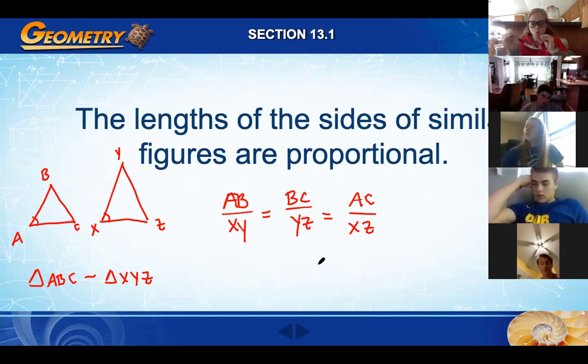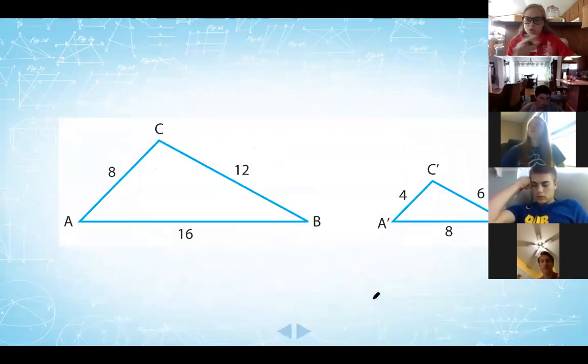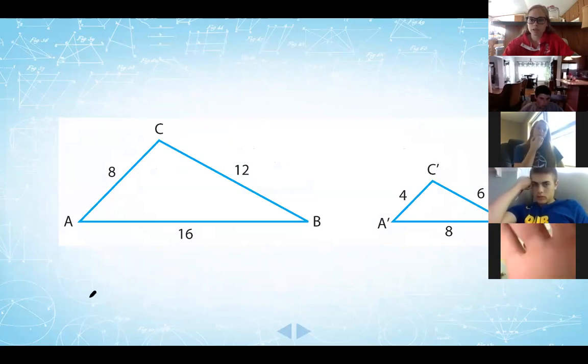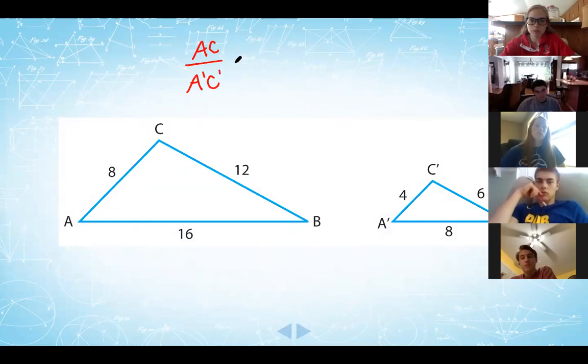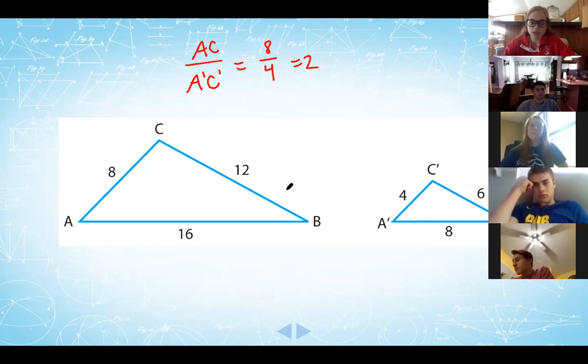Okay, what are my corresponding sides? That's going to be the biggest thing, making sure that your corresponding sides line up. So here I've got two triangles. My corresponding sides, A over A and C over A prime, C prime, that would be 8 over 4, which would be 2. Let's check another set of sides.